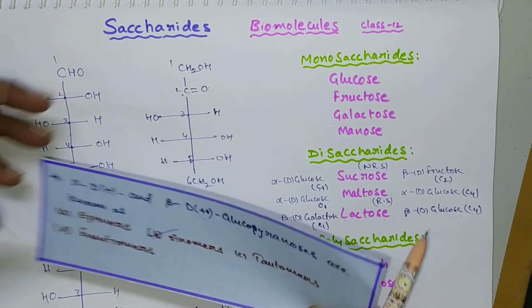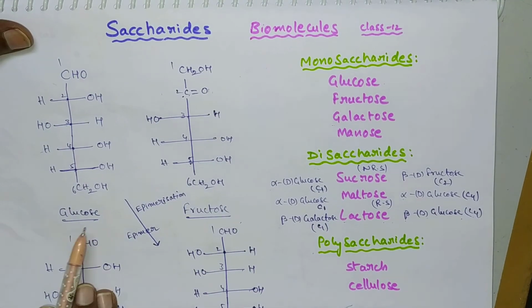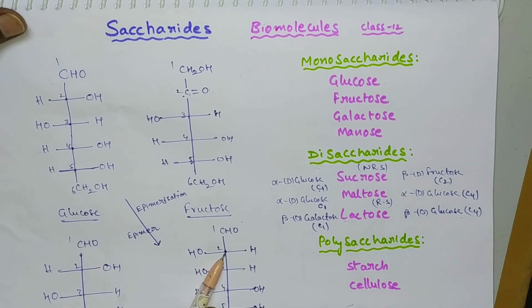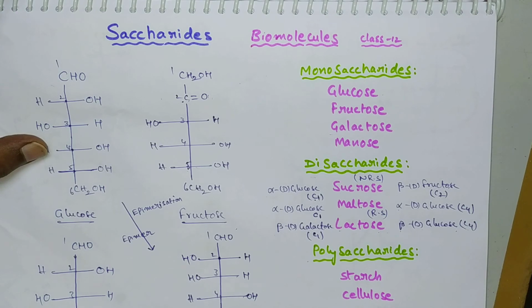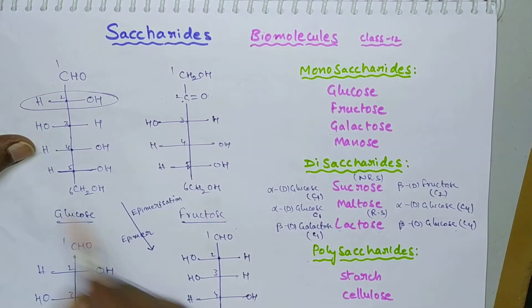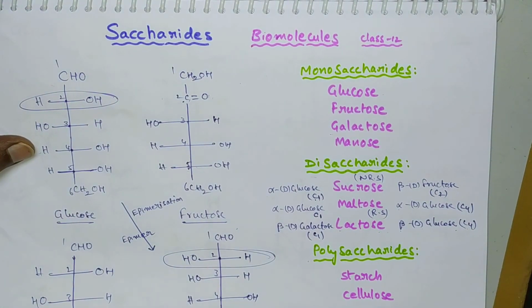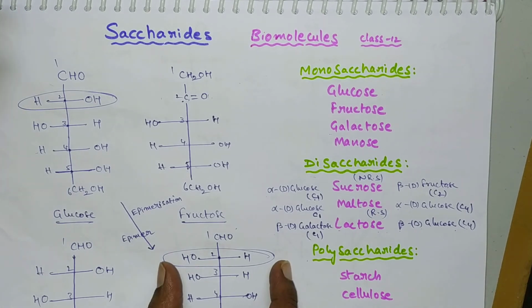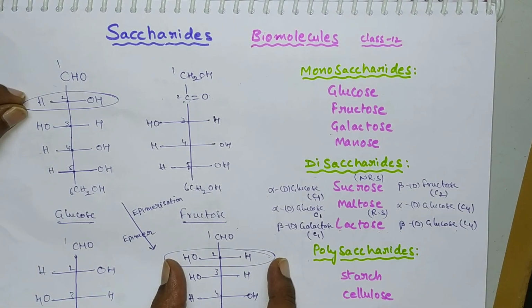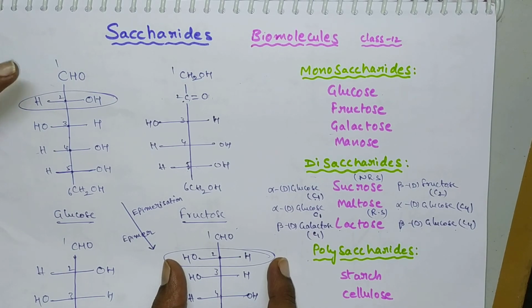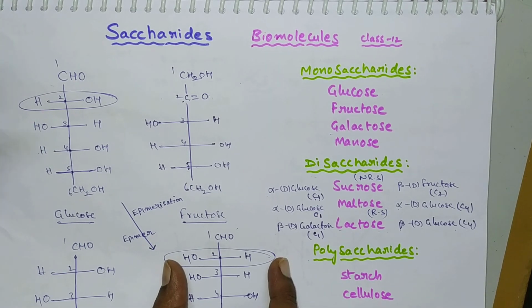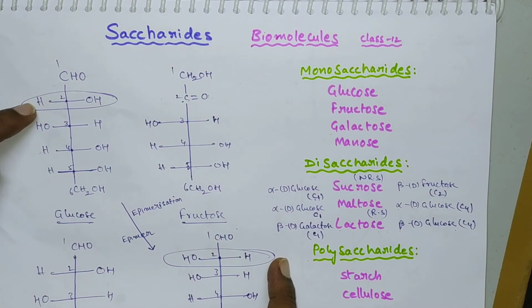We have discussed another one. If there exists a non-superimposable mirror image relationship at one carbon atom, for example glucose and mannose, there exists a mirror image relationship at the second carbon only. The remaining is the same. If the relationship is at any one of the carbons, whatever it may be but not the first carbon, then they are called epimers.